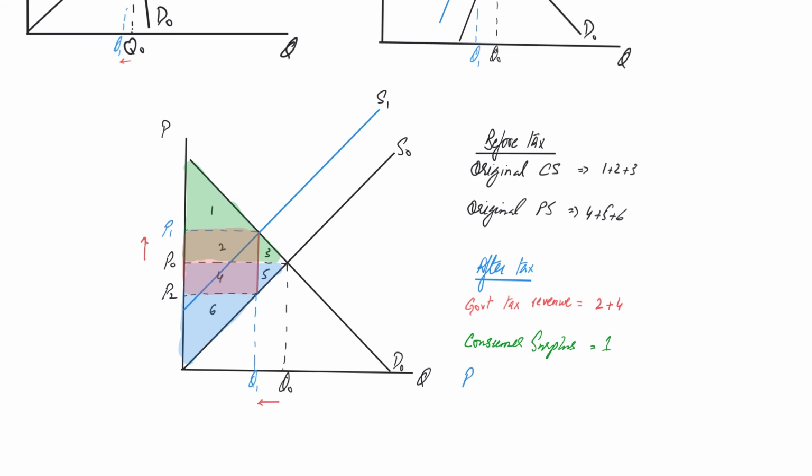Well, the producer surplus from area 4, 5, 6 has just come down to area 6, because this is the actual price they're getting. One would say, oh, they were getting the P1 price, but from P1 to P2 the government took it. Okay, so they're actually getting the P2 price.